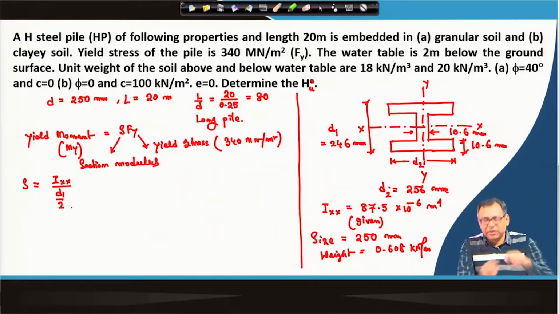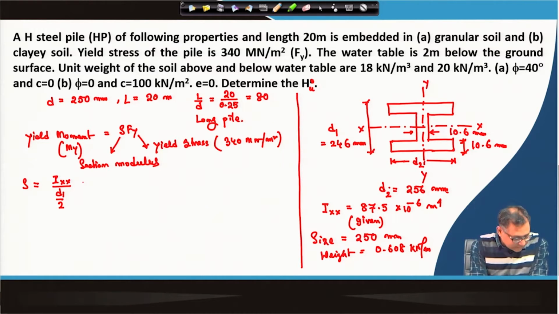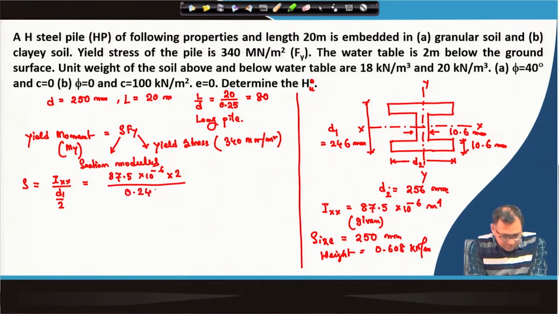For this particular section, Ixx is given as 87.5 into 10 to the power minus 6, and d1 is 0.246. Okay. So, this is the section modulus.